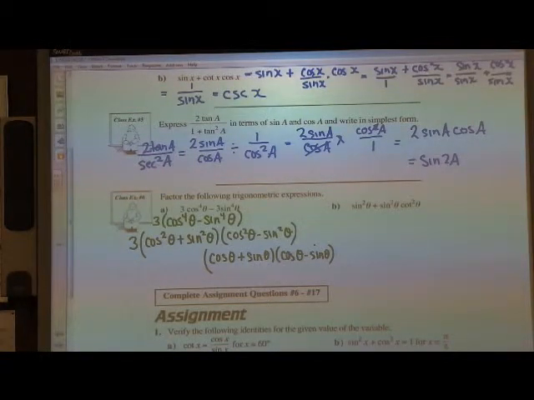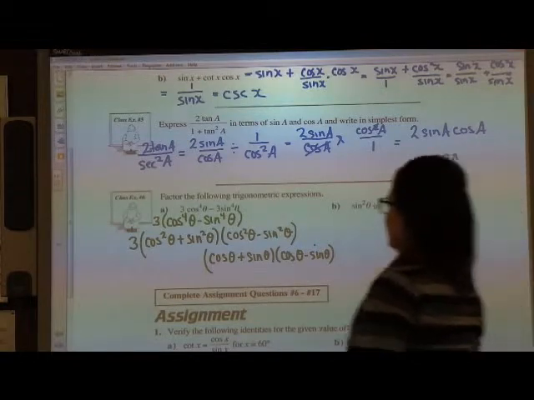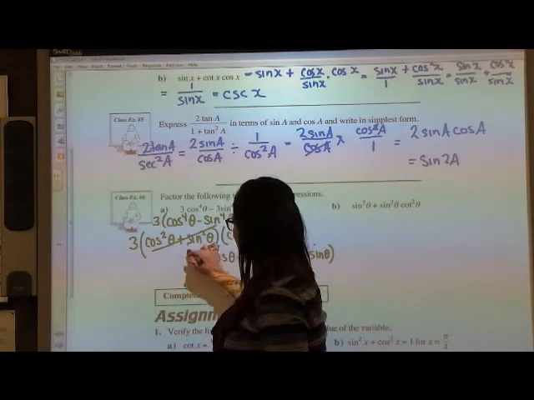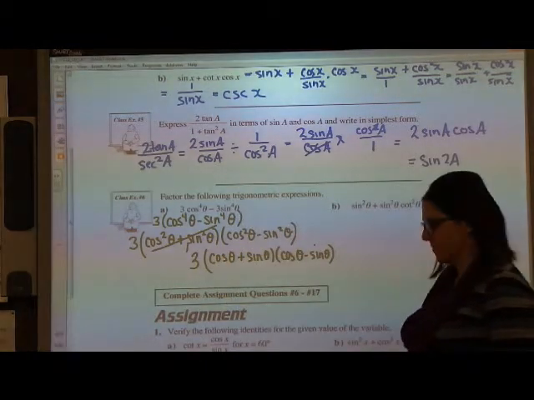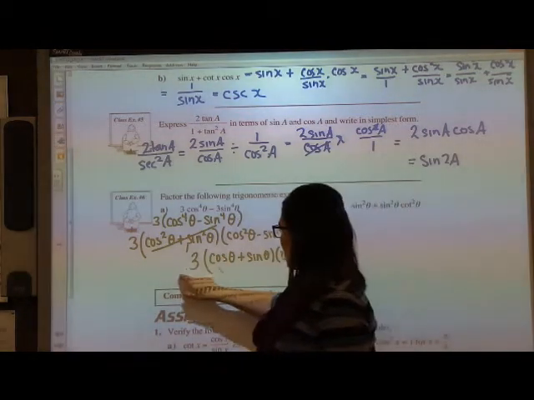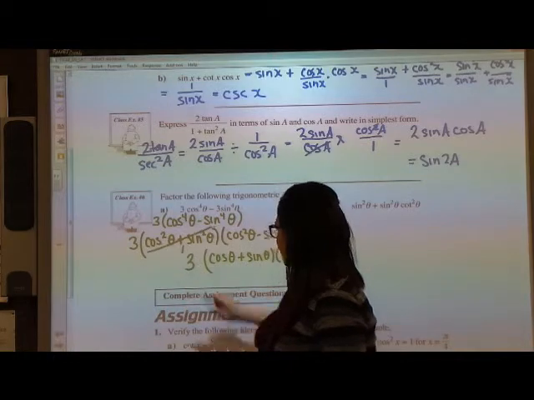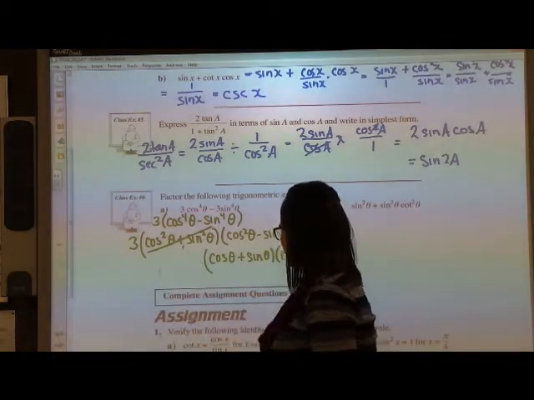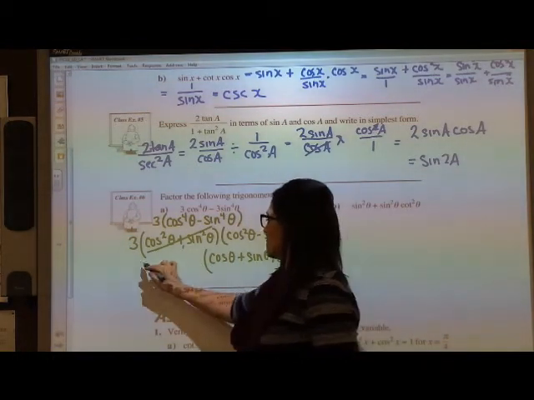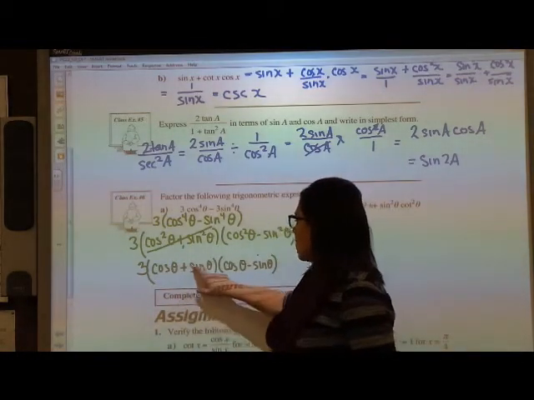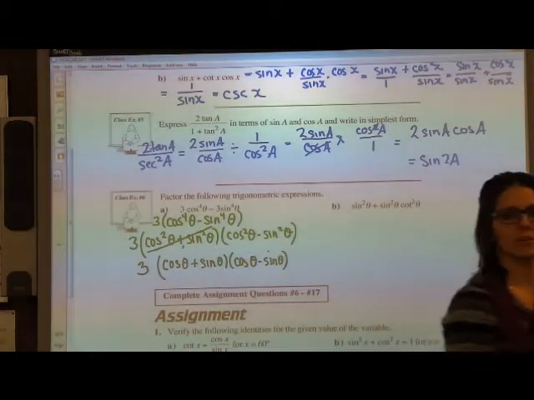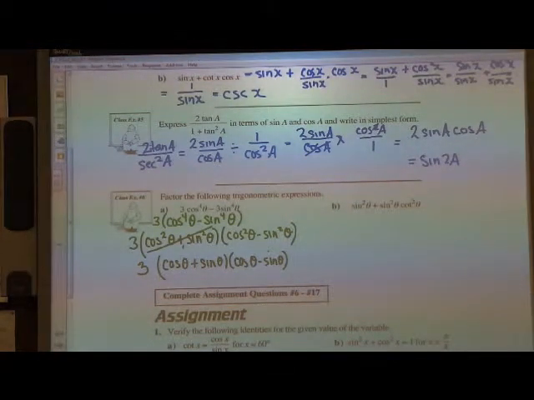That's equal to 1. So 3 times 1 is 3. So it would be 3 times cos theta plus sine theta and cos theta minus sine theta.